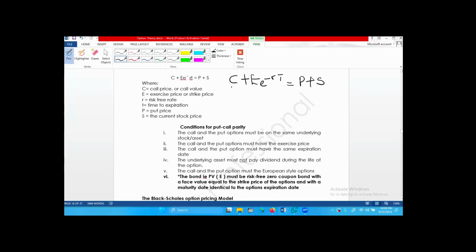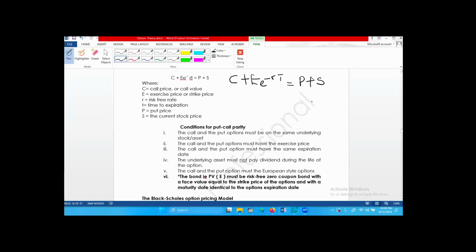Where your letter C represents the call price, the price of a call option. Your capital letter E is the exercise price. Your small letter r is the risk-free rate. Your capital letter T is the time to maturity.